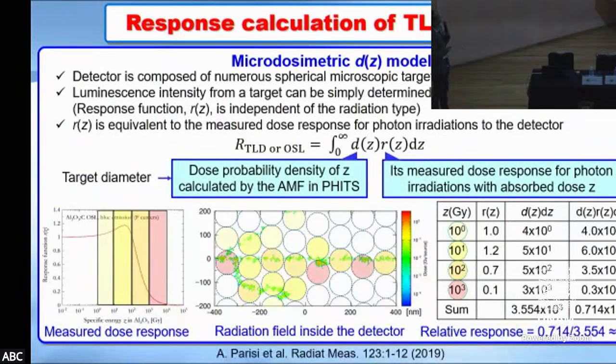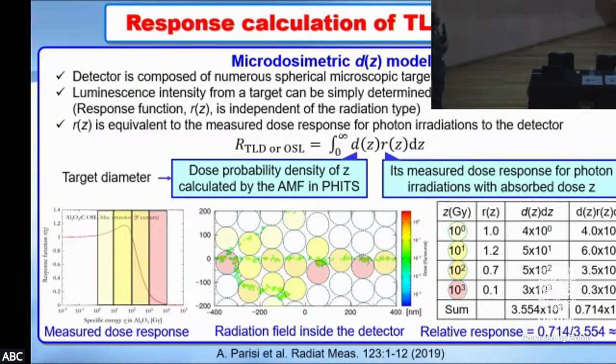Then we propose a response calculation for TLD and OSL with a model named the microdosimetric DZ model. This was originally proposed by Alessio. This model assumes that the detector is composed of numerous spherical microscopic targets with a certain diameter.